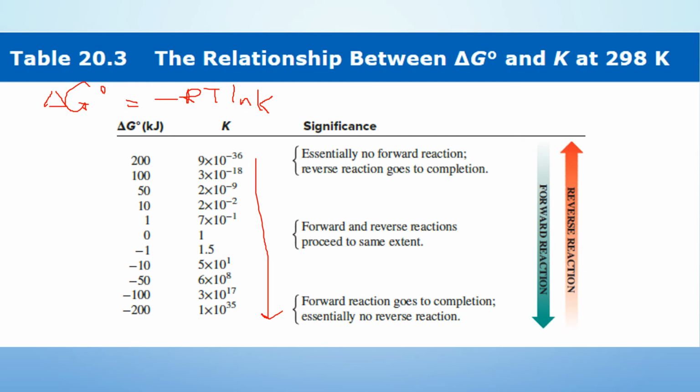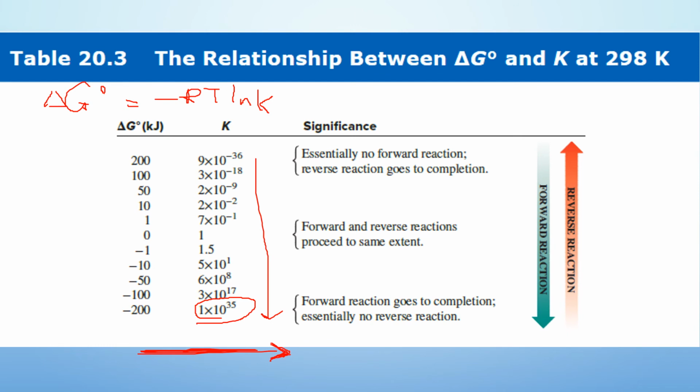So what does this tell you? When you have a very large equilibrium constant, the reaction is spontaneous to the right-hand side. That means the reaction is preferred.